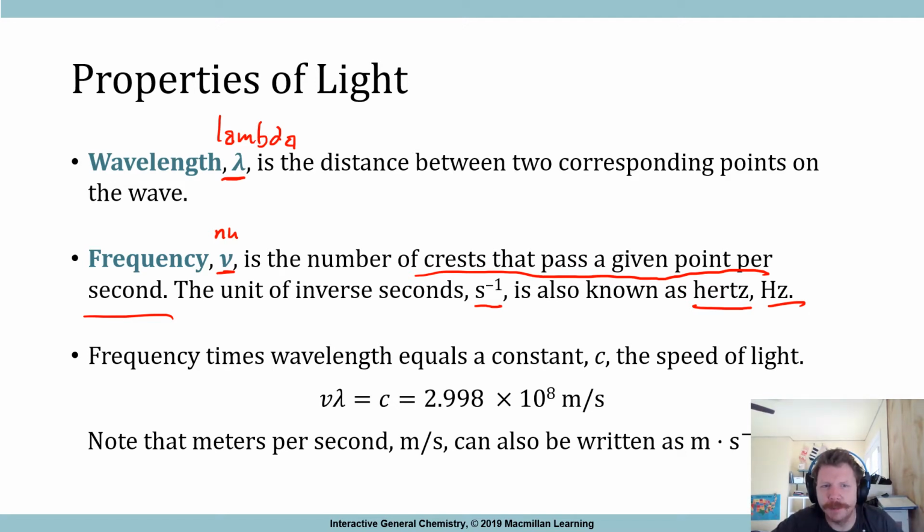So frequency times wavelength, nu times lambda, equals a constant c, which is the speed of light, 2.998 times 10 to the 8th meters per second. This is a number that I recommend becoming very familiar with, because you'll need it for these sorts of calculations. Please note that the units for speed of light are meters per second, which can be written as m times s to the negative first.